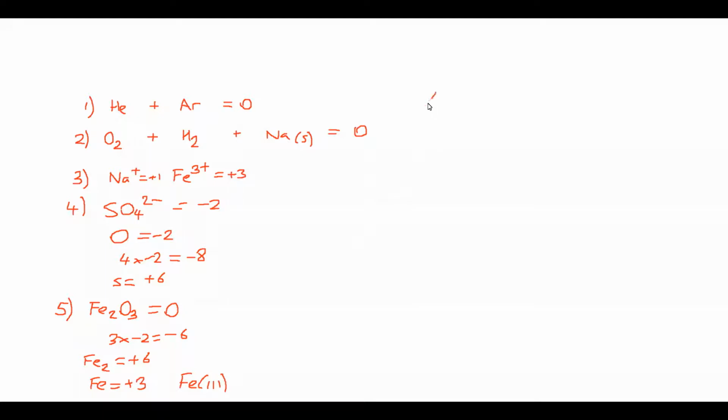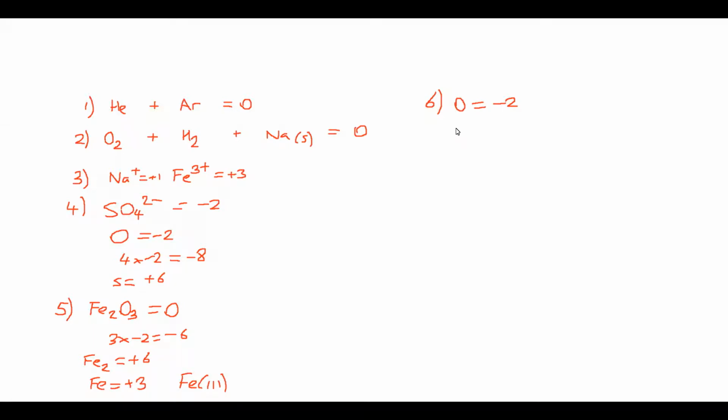Now, there are some rules to help us always do this, some of which we've been using so far. The oxygen will always have an oxidation state of -2 when combined, apart from in a few special cases.